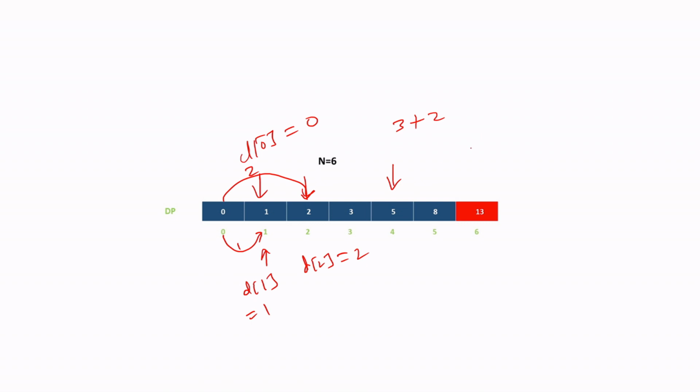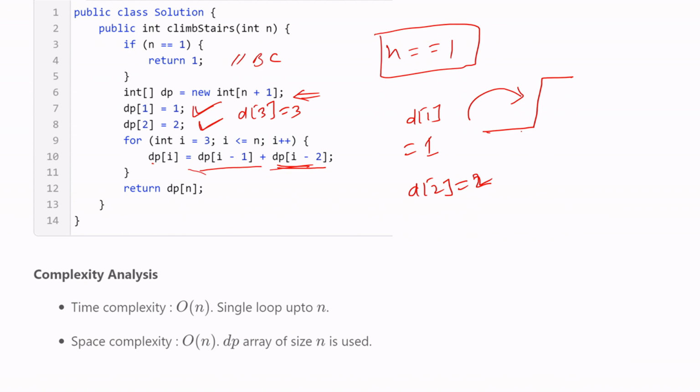Next when we calculate dp of 5, we take dp of 4 is 5 and dp of 3 equal to 3, and that will be 8. And similarly, if we check dp of 6, it is dp of 5, that is 8, and dp of 4 equal to 5, and that will calculate as 13.